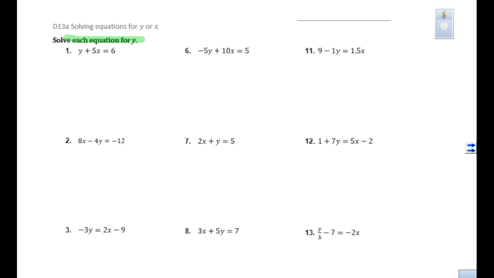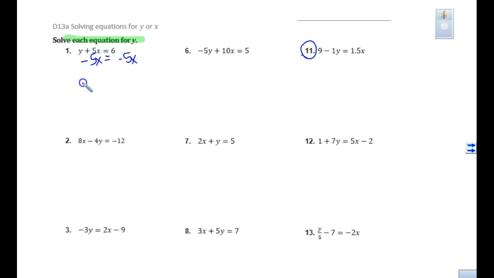And then let's look at number 11. Okay? Do number 1. What's your 1 step to get y by itself? Jordan, what would you do to get y by itself in number 1? So you mean subtract 5x on both sides of the equal sign?